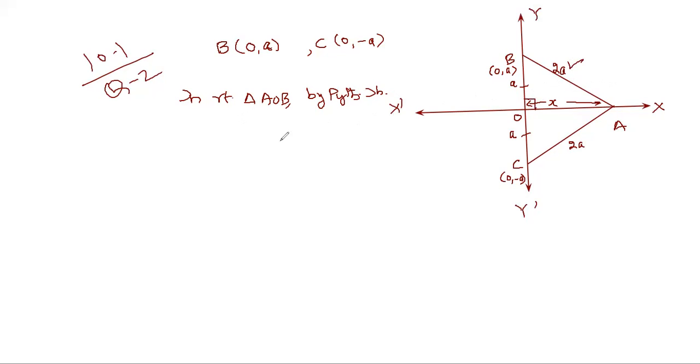So this is the hypotenuse. So (2a) square will be equal to a square plus x square. So 4a square minus a square is equal to x square.